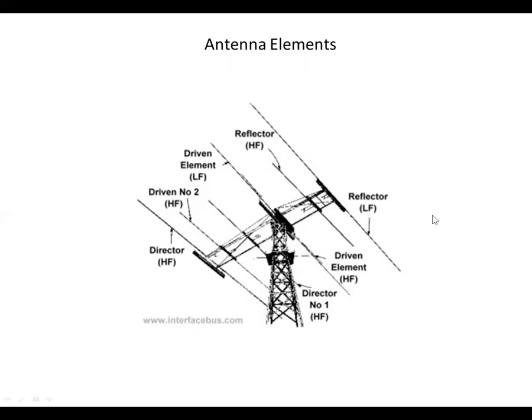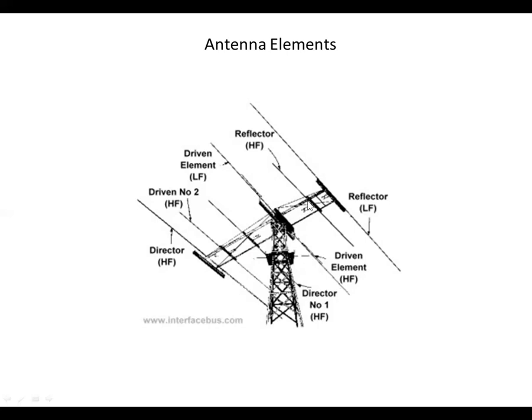So if we look at the low frequency elements, right here is the driven element for the low frequency. And the lower the frequency, the longer the wavelength, so it has a longer element than the high frequency driven element. So you get a nice long driven element here, and this is where the feed line connects to the antenna.